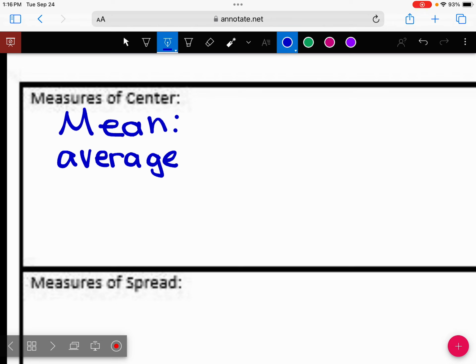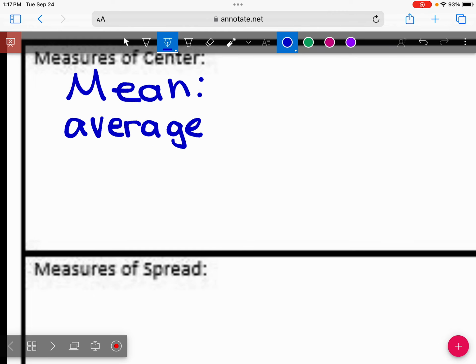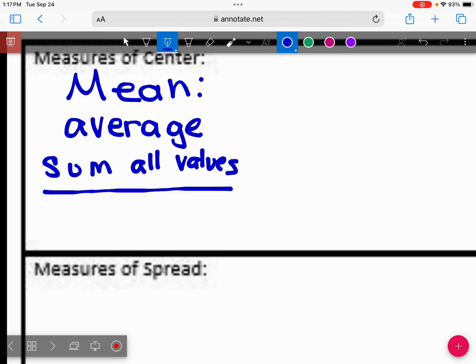How do we find a mean or an average? Don't you add everything and divide by the number of values? Yeah. So we sum all values, add them all up, and then we divide by the number of values.